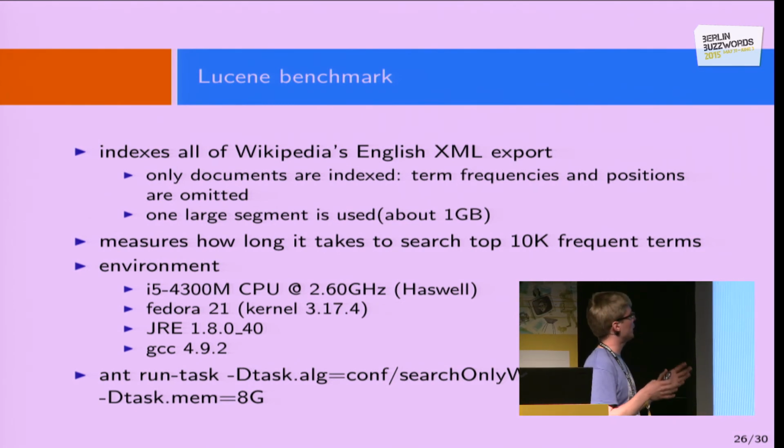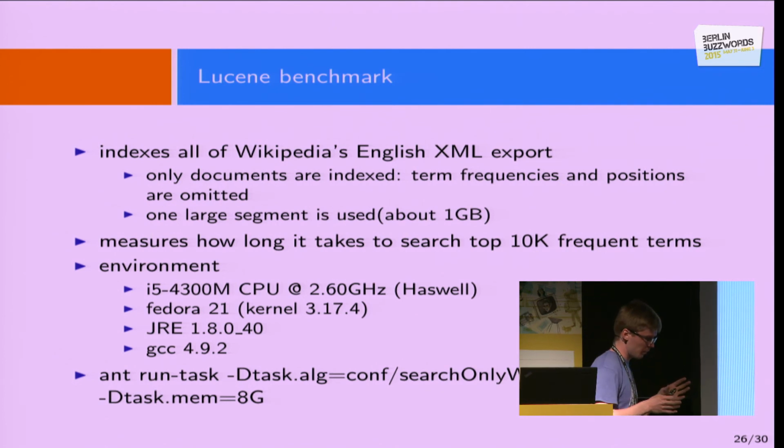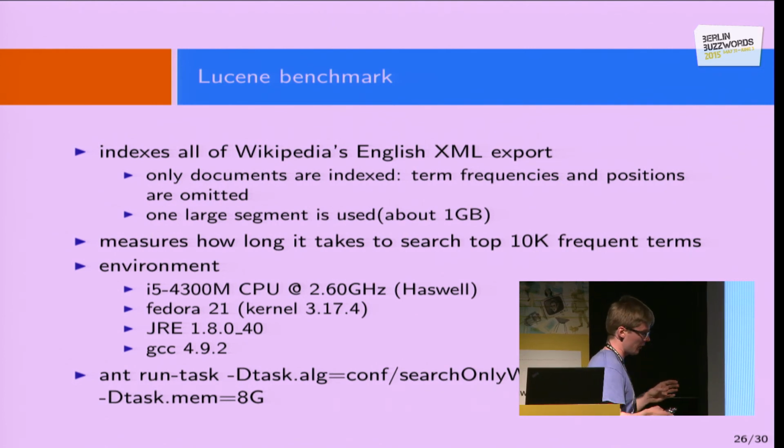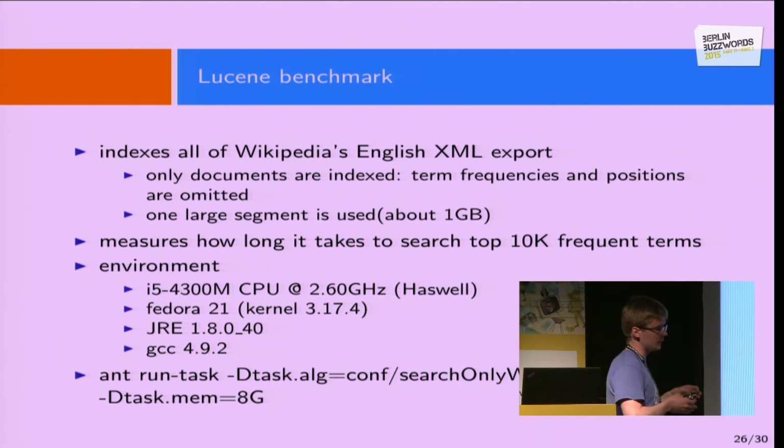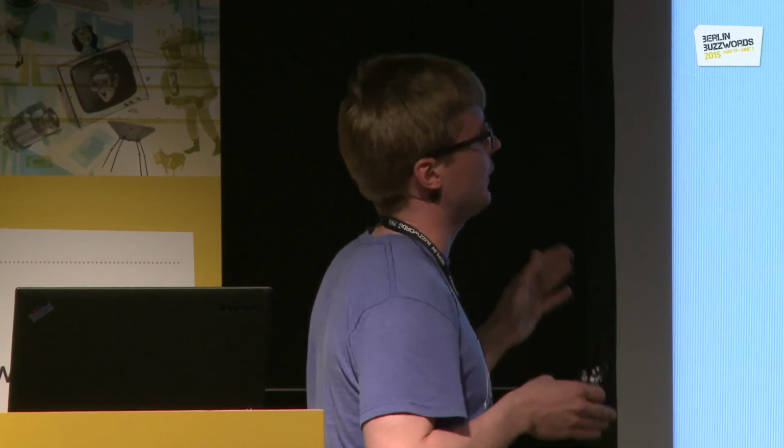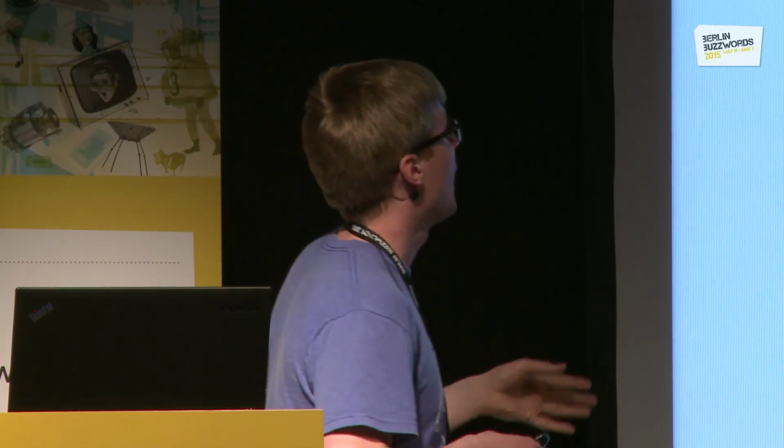It uses one large segment, because if we have a lot of segments, we don't win from our encoding, because a small segment is mostly encoded in variable byte, since we cannot create blocks with 128 elements. So this encoding is effective in the case of large segments.